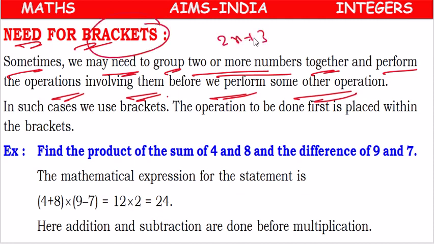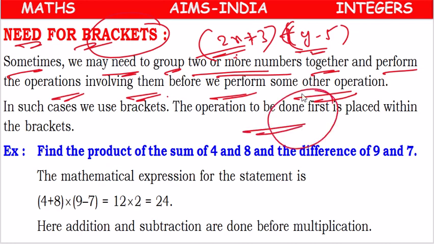So if I have 2x plus 3 in one bracket plus y minus 5 in another, I can have different values in different brackets, so that this operation is done first, simplified first, then multiplied with this one. So the operations to be done first are placed within the brackets.